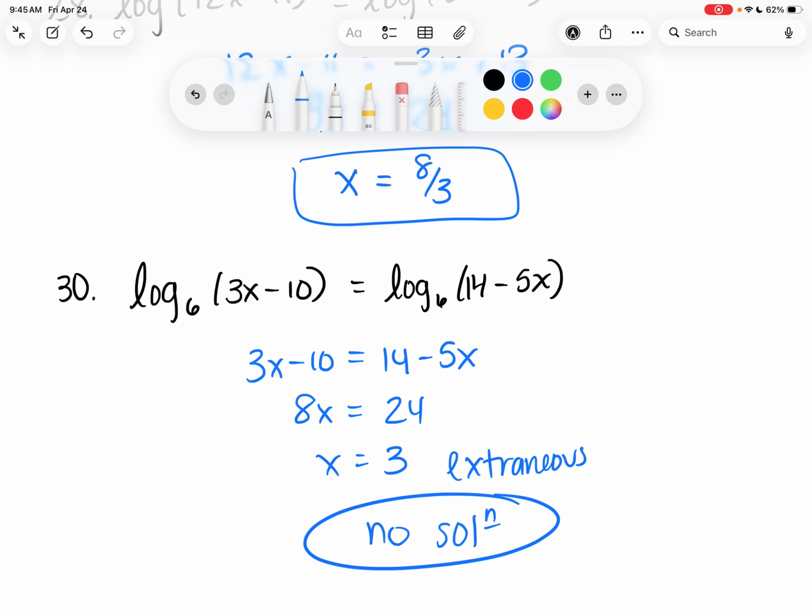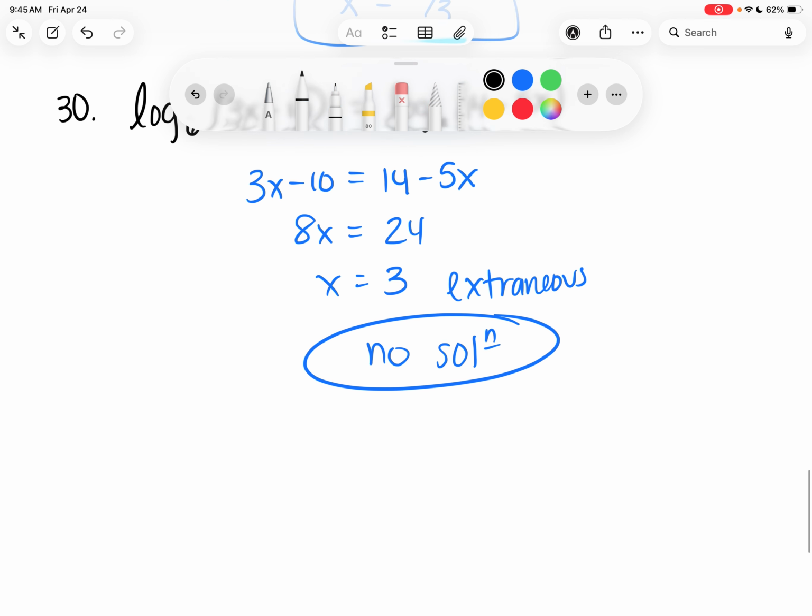All right, I think the last type here is actually, not that that's not solving log equations, but using the E method to solve. 32.